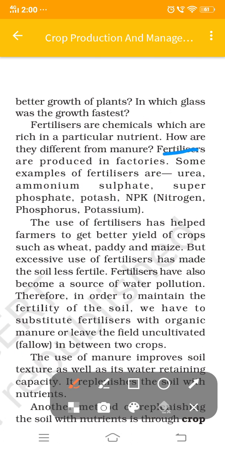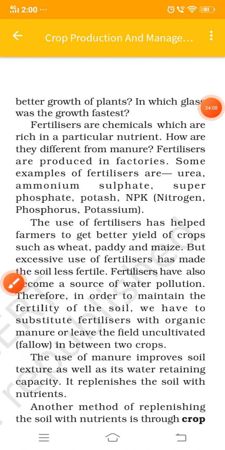Fertilizers are produced in factories, and some examples of fertilizers are urea, ammonium sulfate, superphosphate, potassium, nitrogen, phosphorus, potassium.